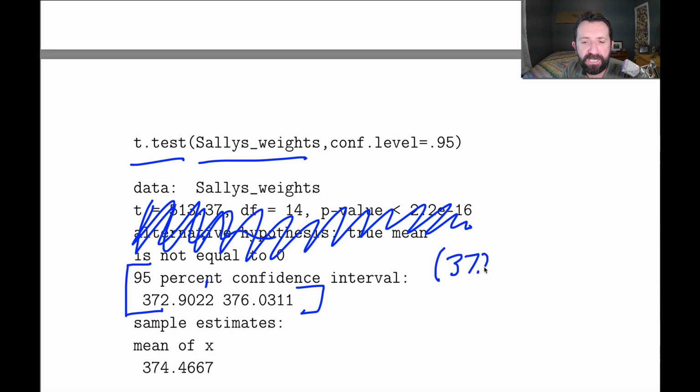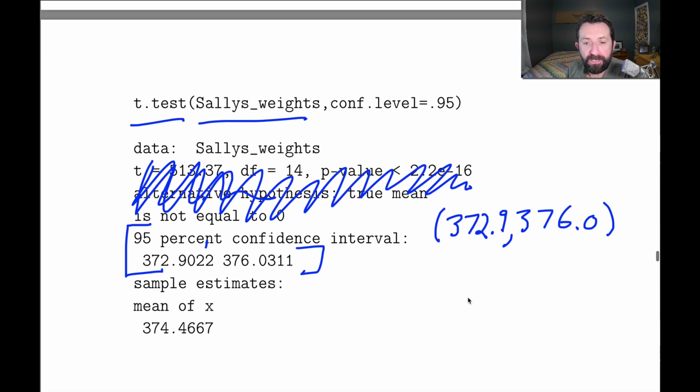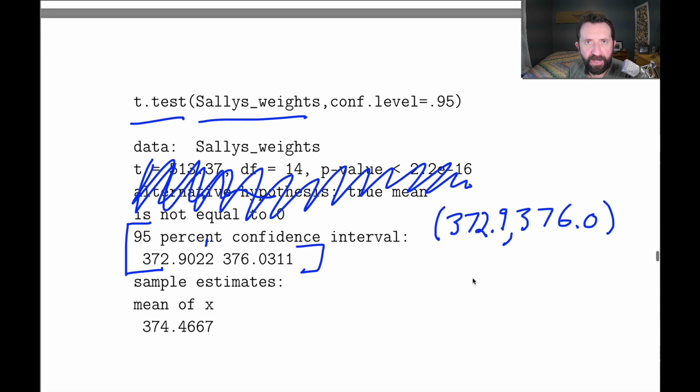So 372.9 grams to 376.0. I'll just put it to one decimal place. We can be 95% confident that the population mean mu lies in that interval. That's what we went with before, but that's true.